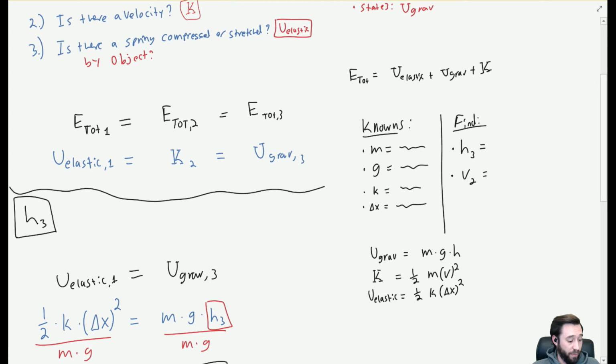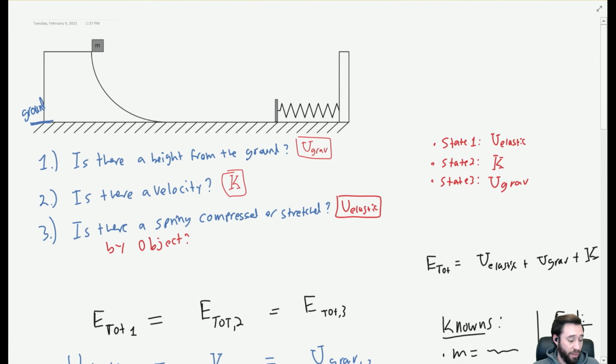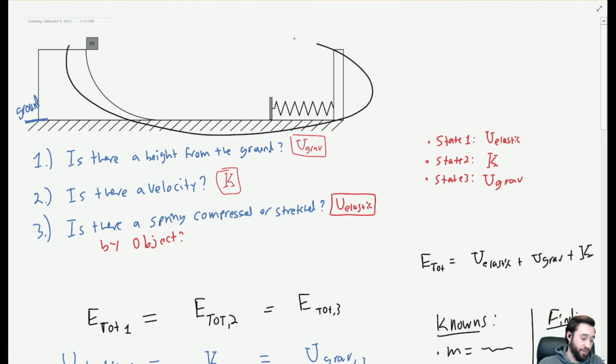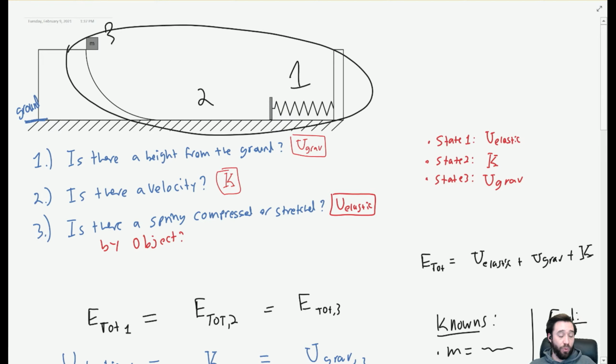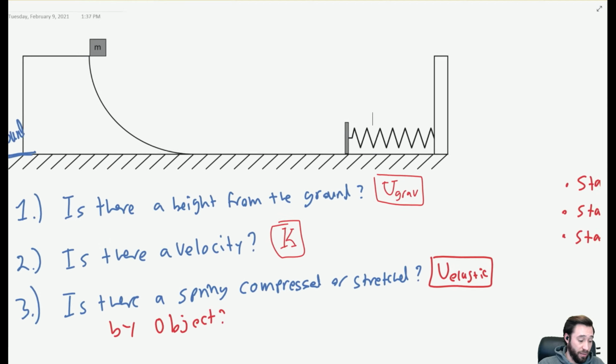And if you do everything properly, the hardest part of all of this is to figure out what types of energy are present for each of the states. So state 3, state 2, state 1. And in the problem statement, I will indicate what direction it's happening. I will indicate which one is state 1, which one's state 2. I'm going to have different figures for each of the different scenarios.